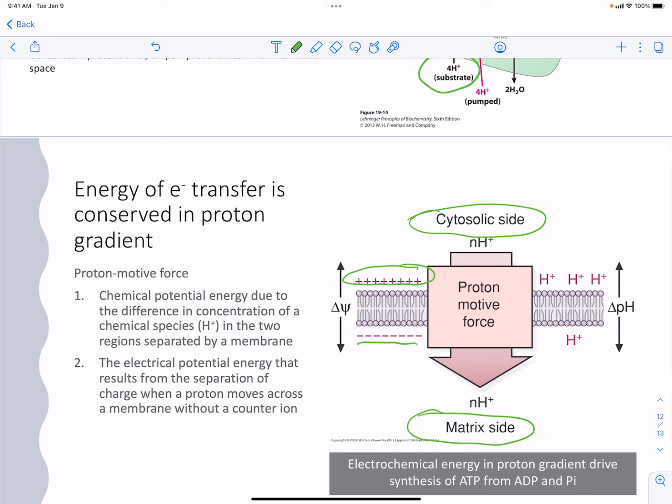So the proton motive force is this gradient due to the difference in the hydrogen concentrations. The electrical potential results from the separation of charges when the proton moves across the membrane without a counter ion. So this is going to drive the production of ATP.